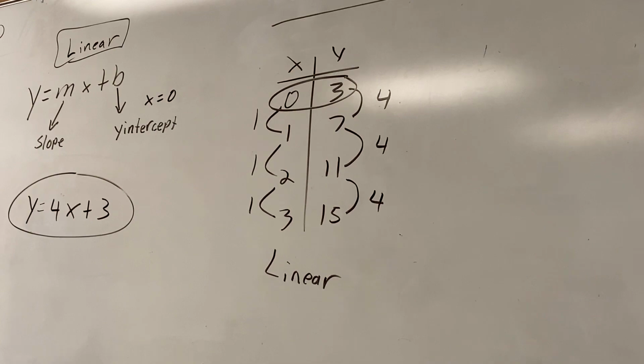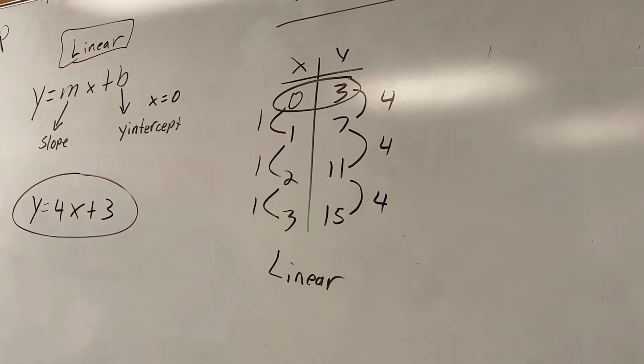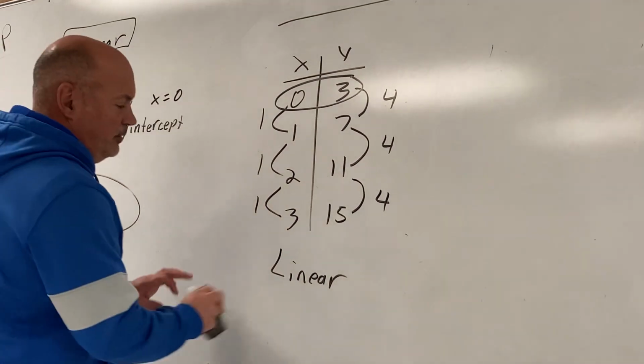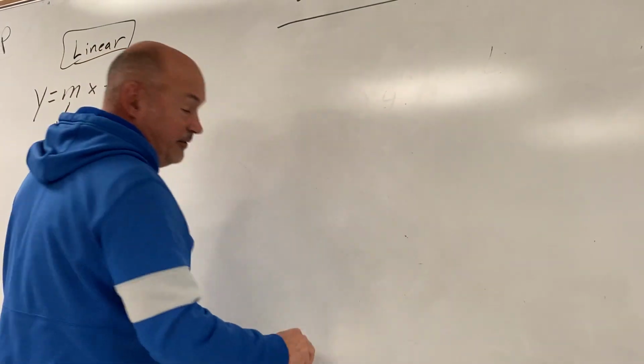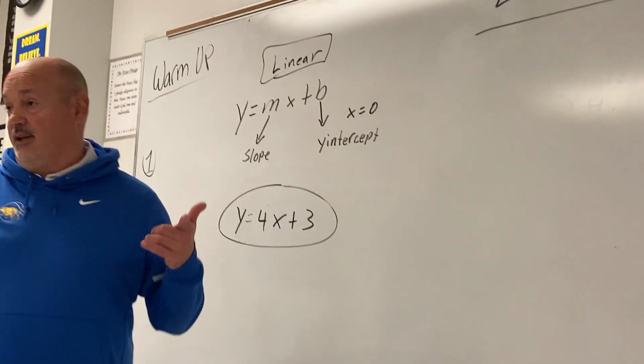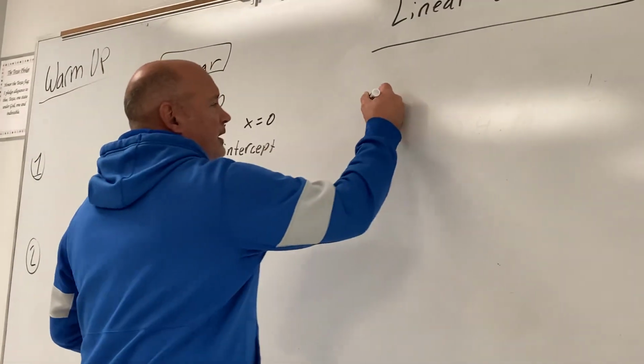Questions? All right. Then the last thing on the homework is they're going to give you a word problem and ask you if the word problem or situation is linear or not. Let's see.